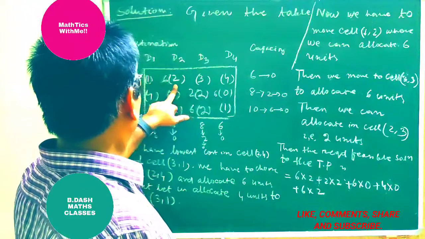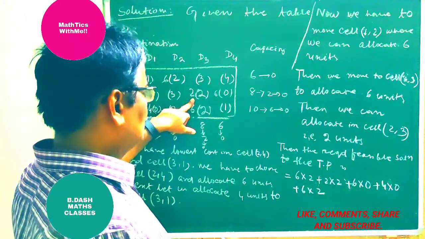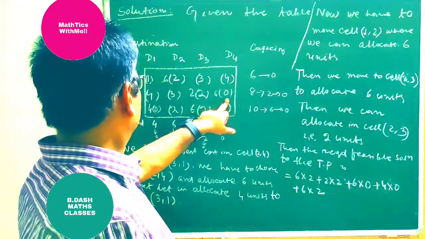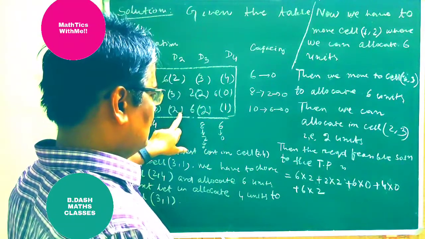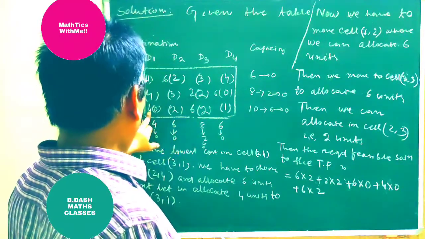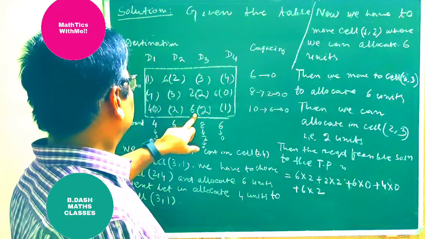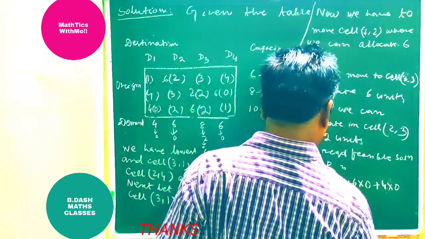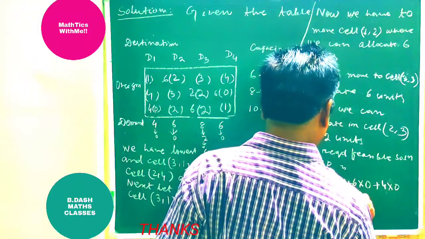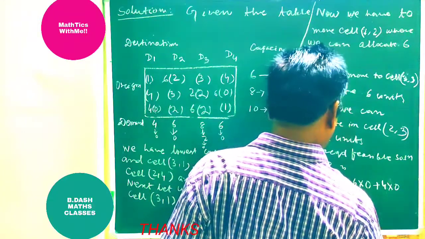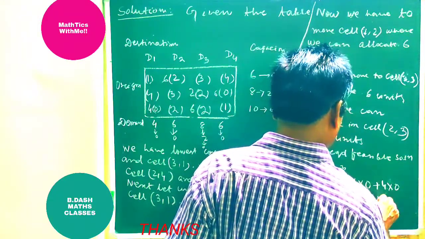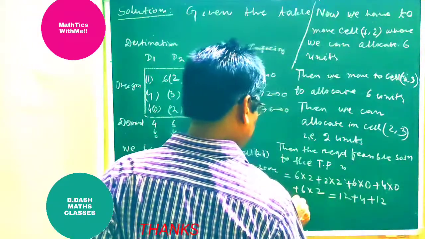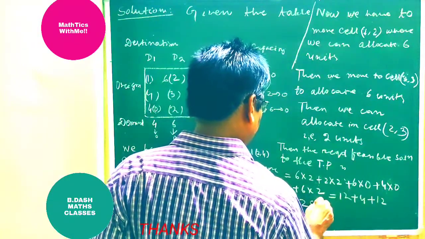So this is equal to 12 plus 4 plus 12, which is equal to 28.